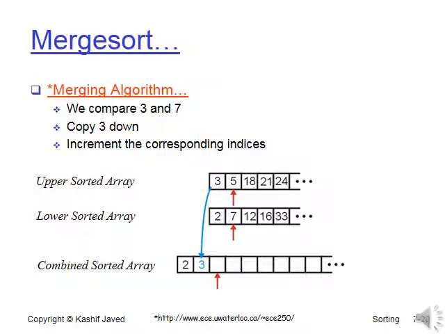Similarly, we compare numbers 3 and 7. Since 3 is less than 7, we copy 3 down into the combined sorted array. Thus, we increment the indices of the upper and combined sorted arrays.